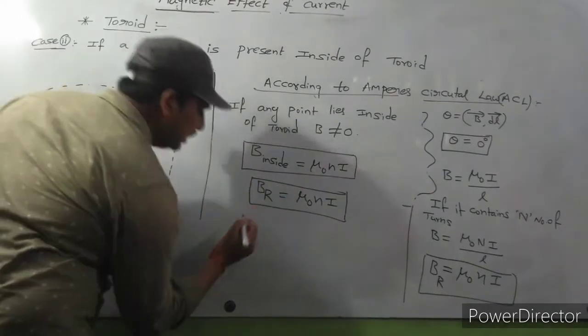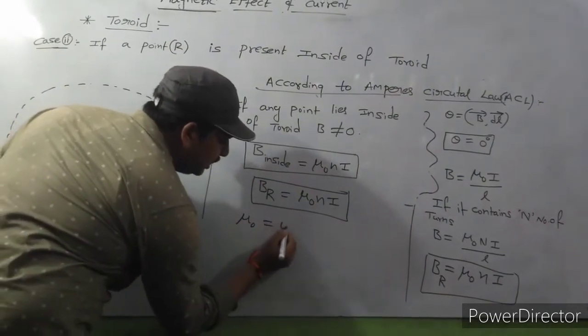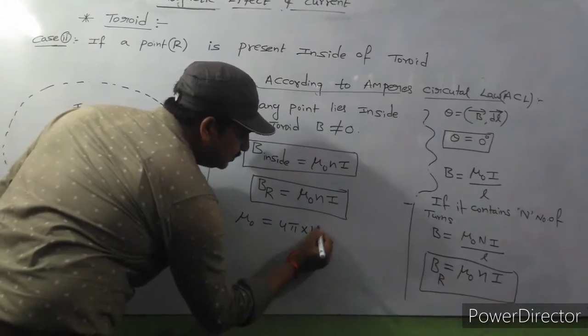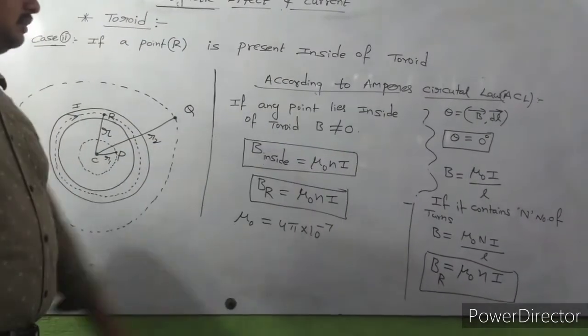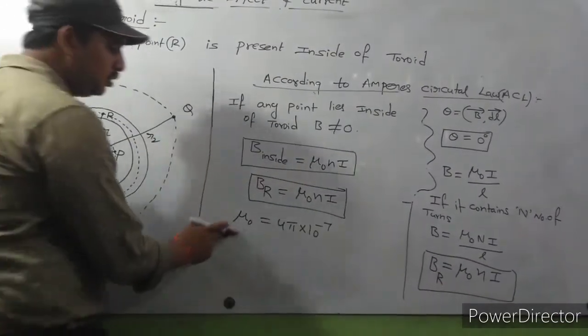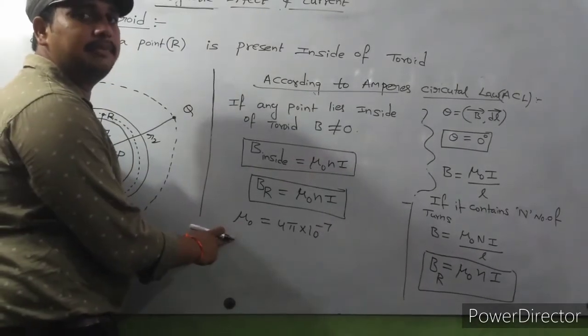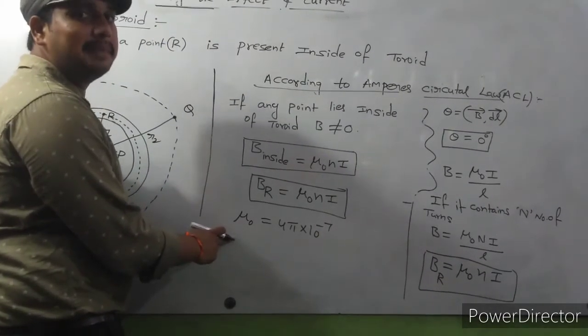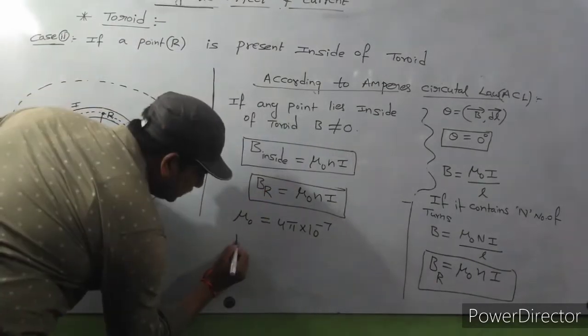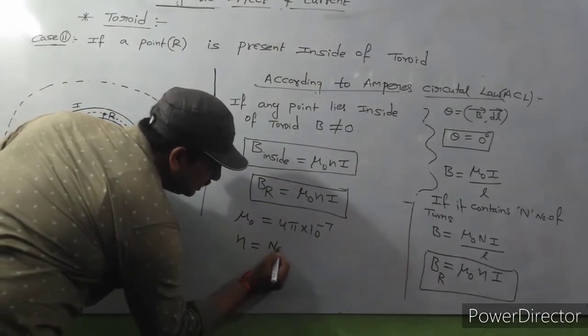Here mu naught value is 4 pi into 10 power minus 7. This mu naught is nothing but magnetic permeability. Next, small n means number of turns per length.